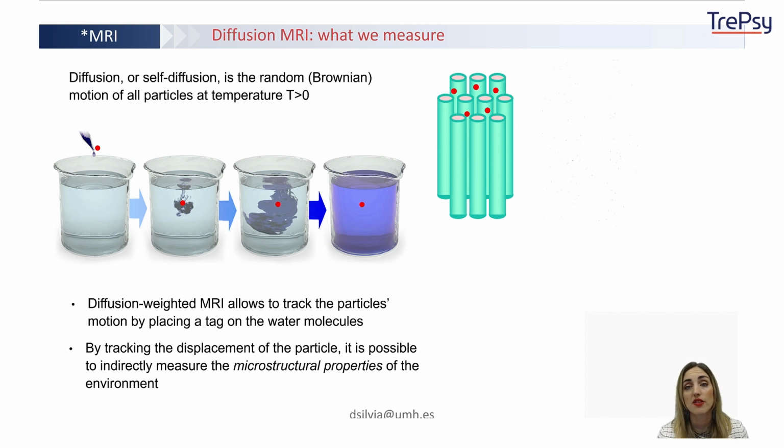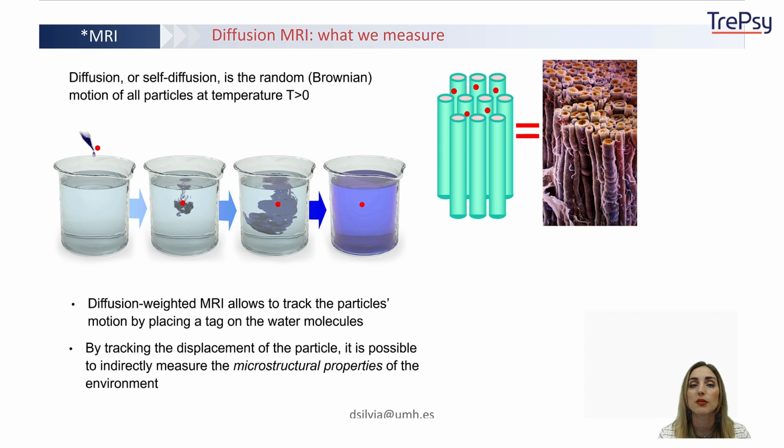This is actually a very good model for diffusion in white matter, which, under a number of assumptions, is made of bundles of myelinated axons, where the water can diffuse more easily in the axon direction.